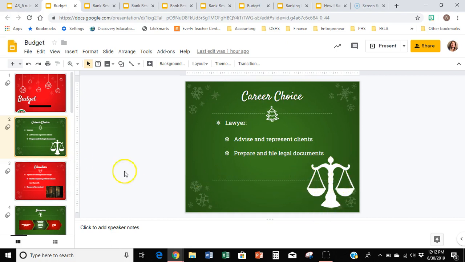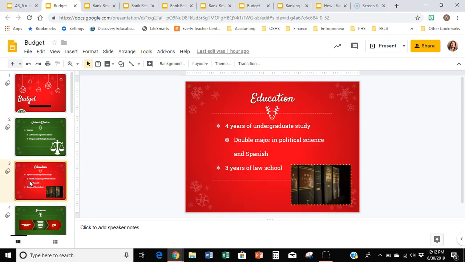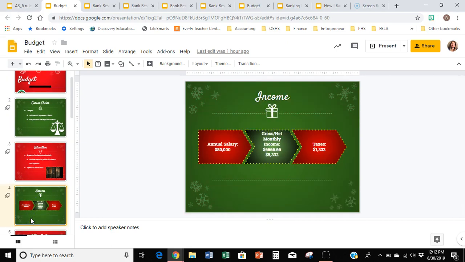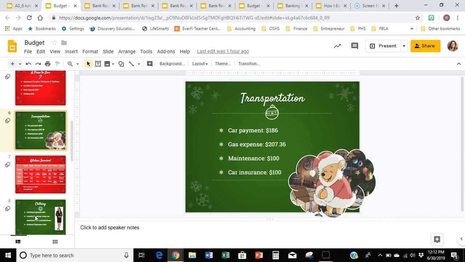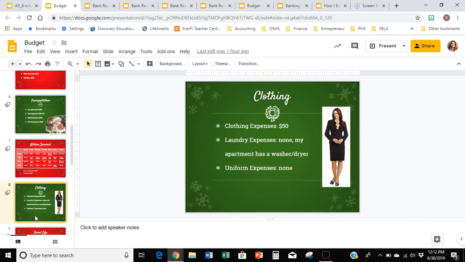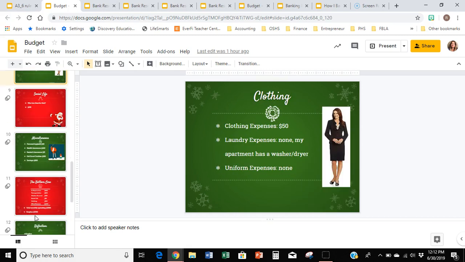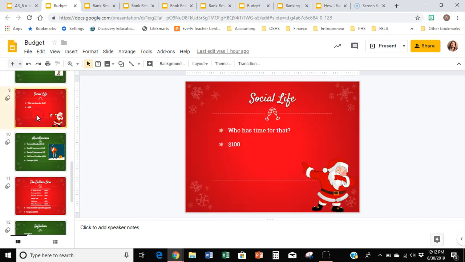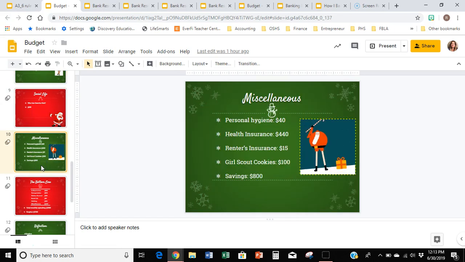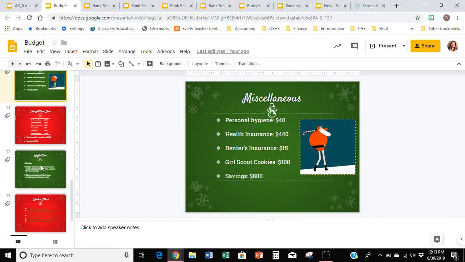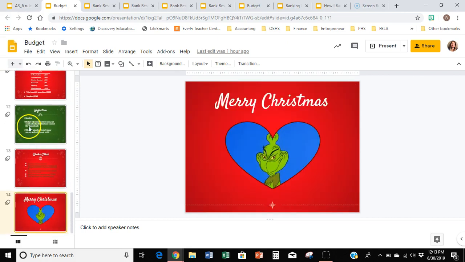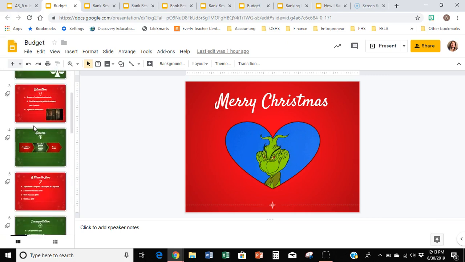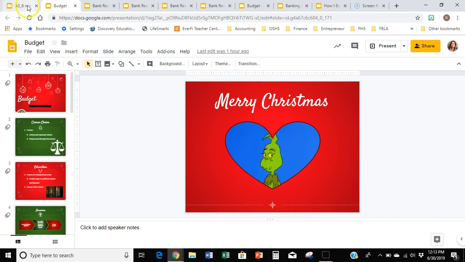That one's related to being a lawyer, but most of them are related to Christmas time. We have a Winnie the Pooh Santa, and this is a woman in a business suit, so that's more related. We have a Santa golfing, and the Grinch. So none of these pictures really had anything to do with career, budget, or finance. Okay, keep that in mind.